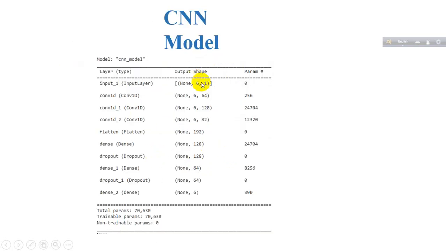So you can see 6 by 1 input data and output data. Input, then our first convolution layer, then second convolution layer. First of all, we flatten it. After that we make it dense, then drop out. Finally, we return our output like this.